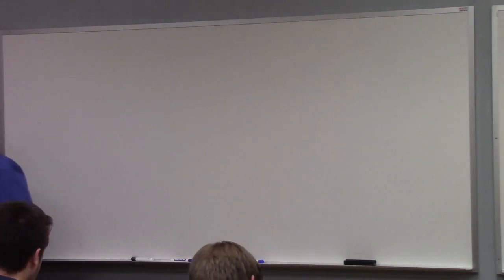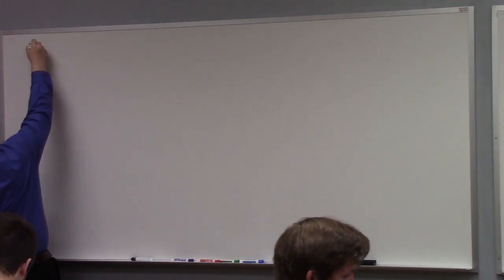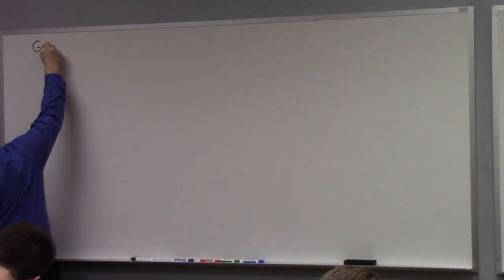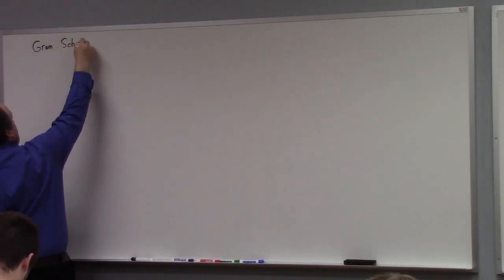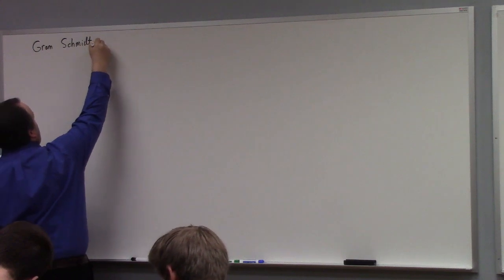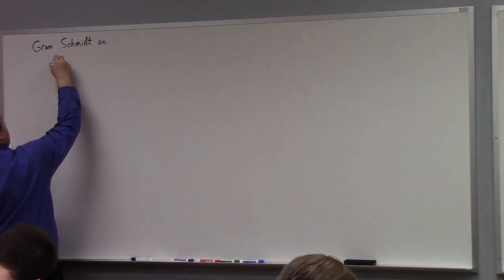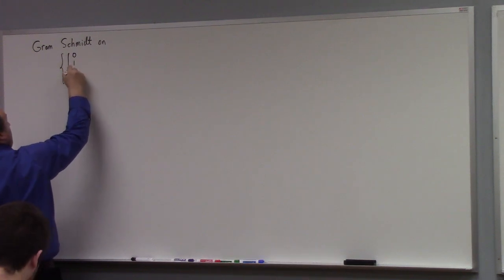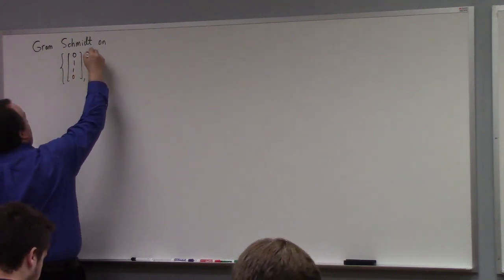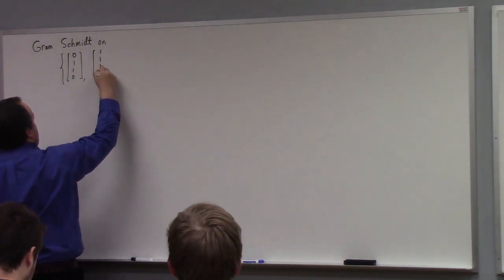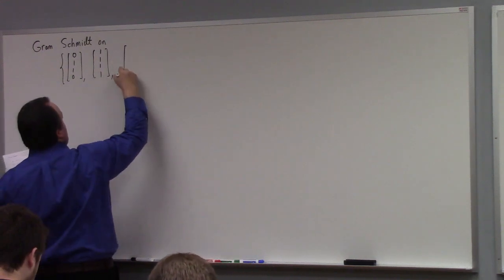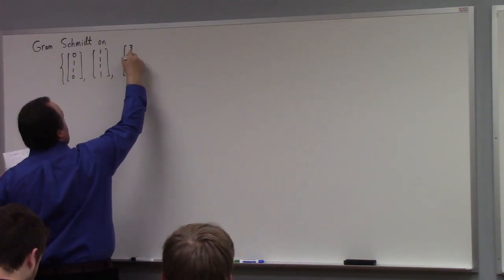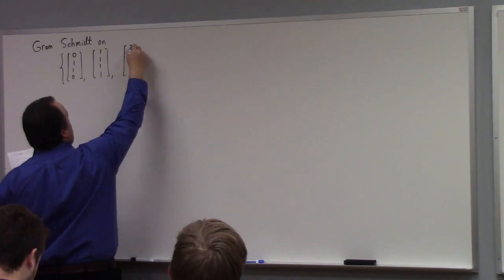So let me do an example of Gram-Schmidt. Let's run the Gram-Schmidt on the set (0, 1, 1, 0), (1, 1, 1, 1), and (3, -2, 0, 1).